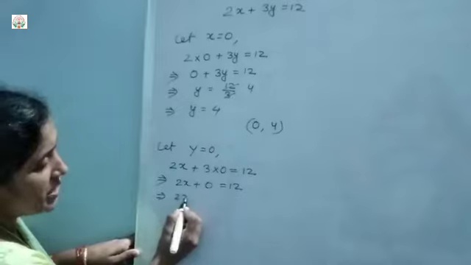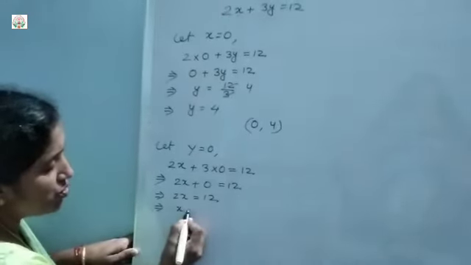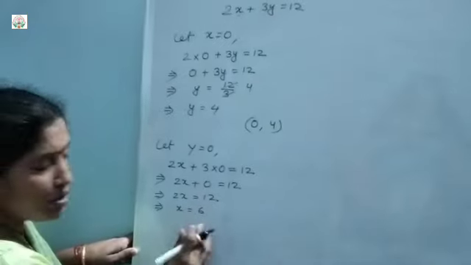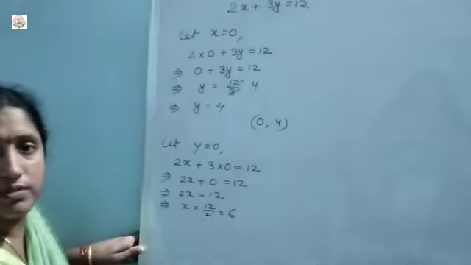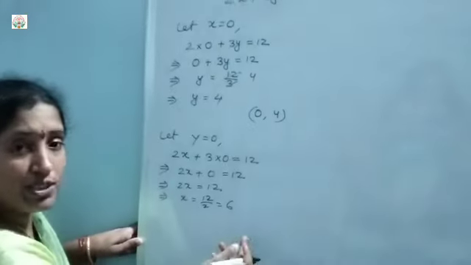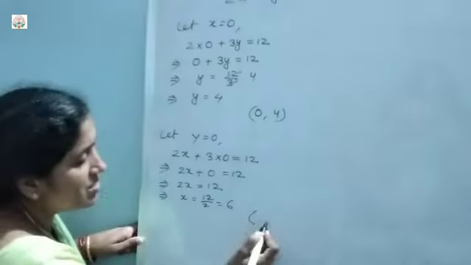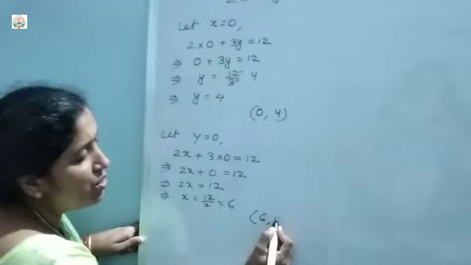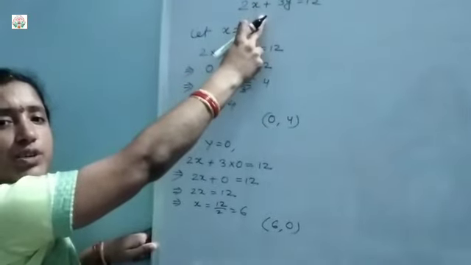Implies 2x = 12, implies x = 6. How we got this? That is 12 upon 2 = 6. So the next solution will be: in x place we will write 6, and in y place 0. So (6, 0) is also one of the solutions for this linear equation.